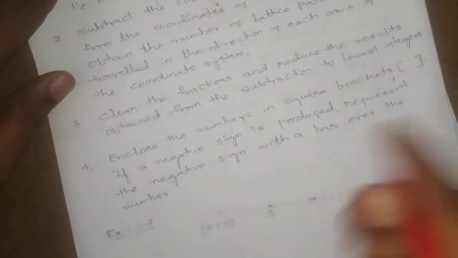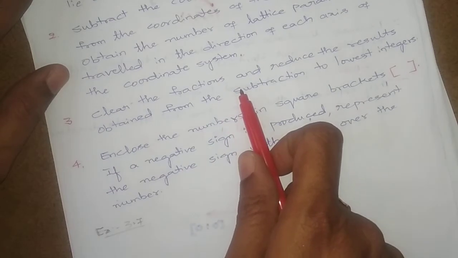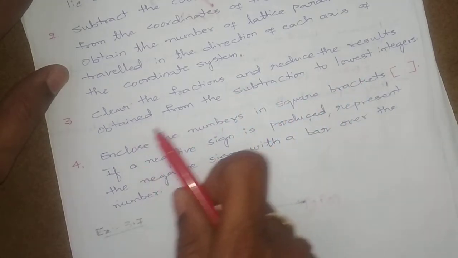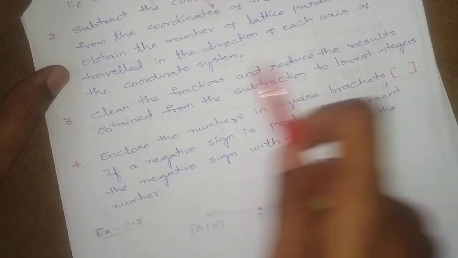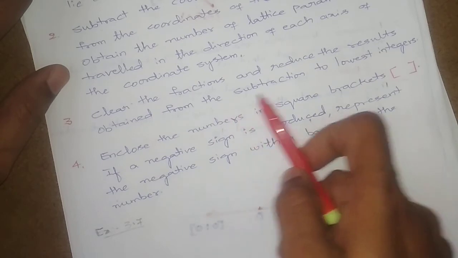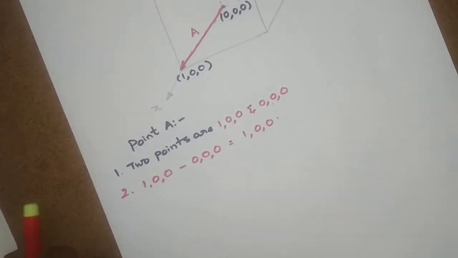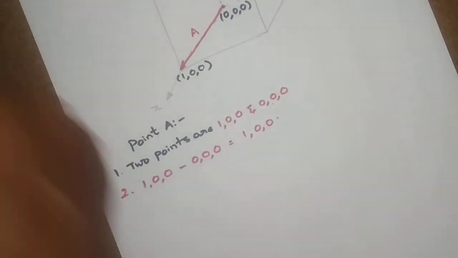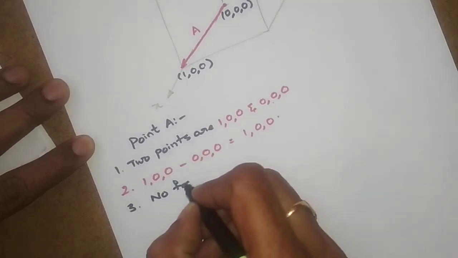Now let us look at the third step. The third step is to clear the fractions and reduce the results obtained from the subtraction to lowest integers. Here there are no fractions, so there are no fractions to clear.